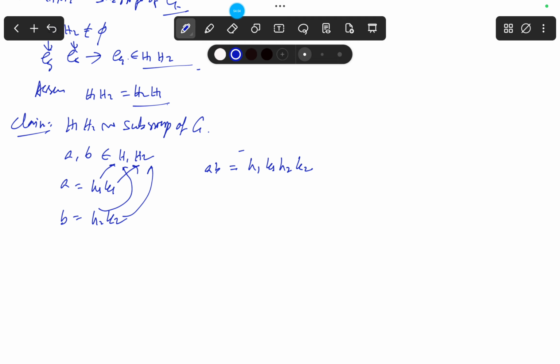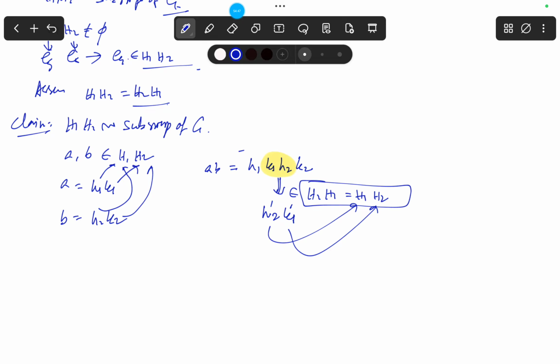Now, what does the associativity property say? By associativity, you can club K1 times H2, and you can see that this belongs to H2 times H1, right? So since H2 times H1 is the same as H1 times H2, this must be the same as some H2 prime times K1 prime, where H2 prime is in H1 and K1 prime is in H2.